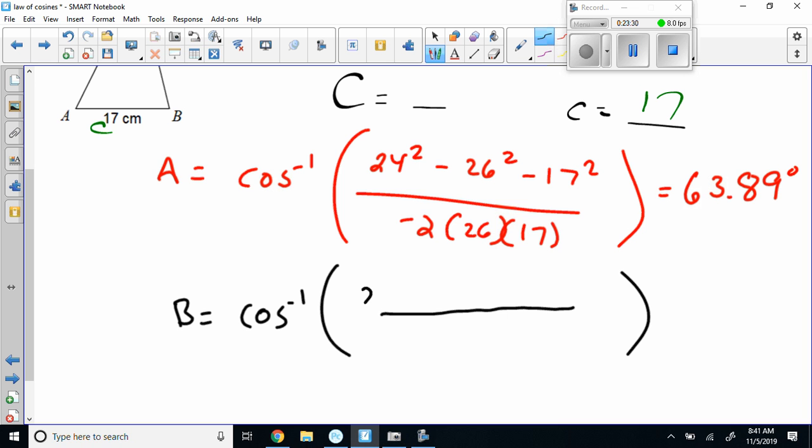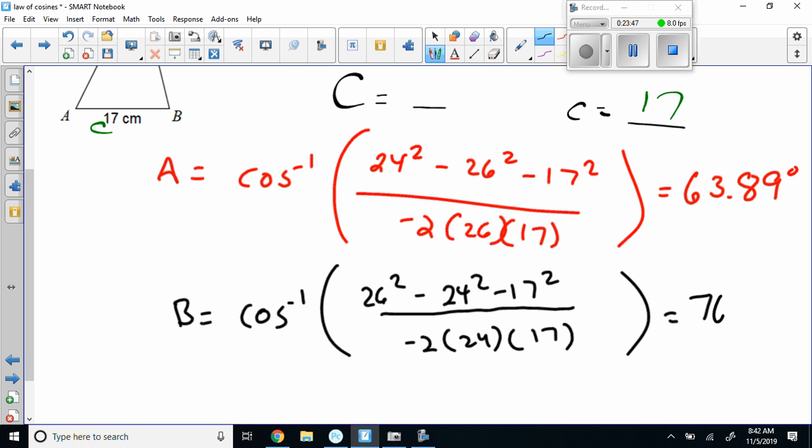So I got 26 squared minus 24 squared minus 17 squared over -2 times 24 times 17. Ladies and gentlemen, what does that equal? 76.61 degrees. Do y'all concur? No. Wait, what? I got 61.53.